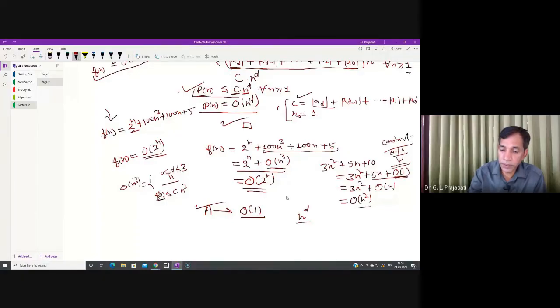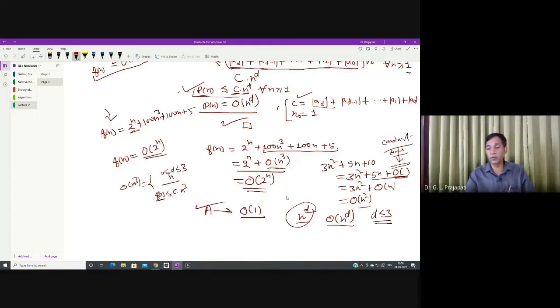Once I say n to the power d, this is the polynomial in time. So we can say that the algorithm runs in polynomial time, because n to the power d is a polynomial of degree d. But here, what we expect is that d should be less than or equal to 3. Then you will be able to trace the output for sufficiently large values of n.